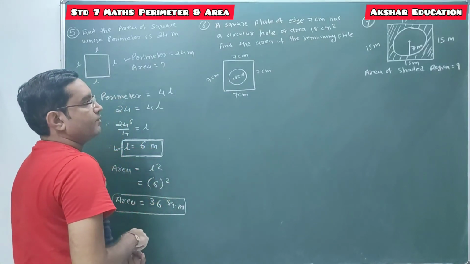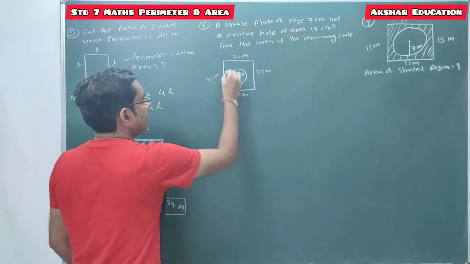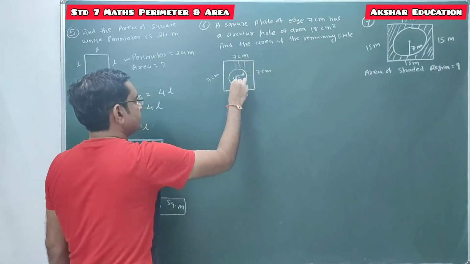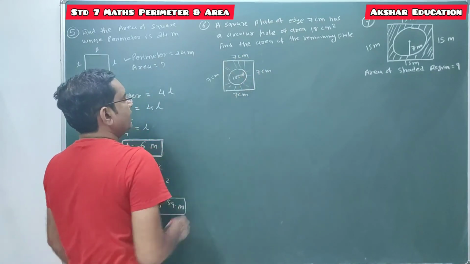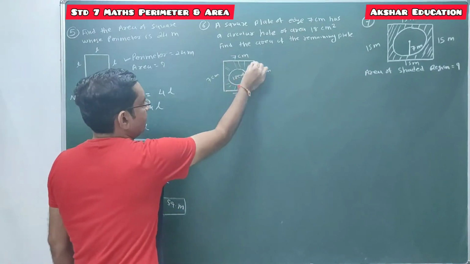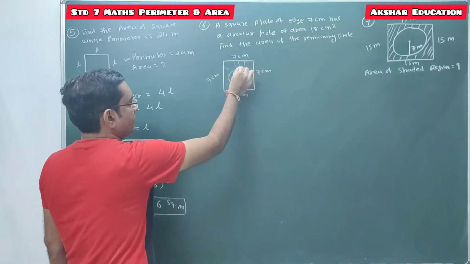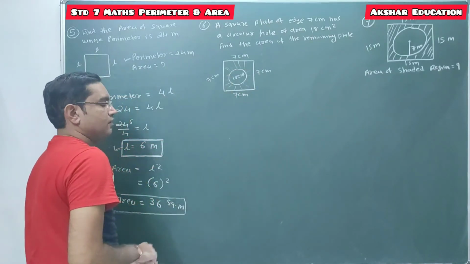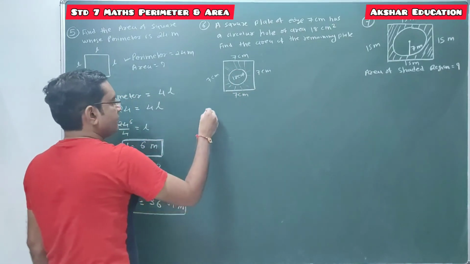So find the area of remaining plate. So plate with hole is there. So remaining area of the plate is nothing but this one. What is the area of remaining plate? So you have to find the area of this entire square, and from this you have to subtract the area of this hole, and area of the hole is given 18 cm square. So very simple sum is there.